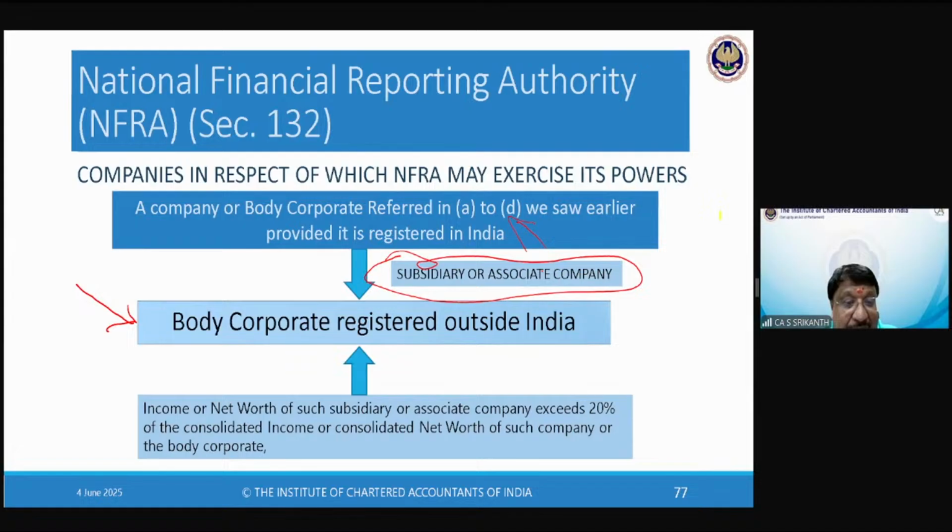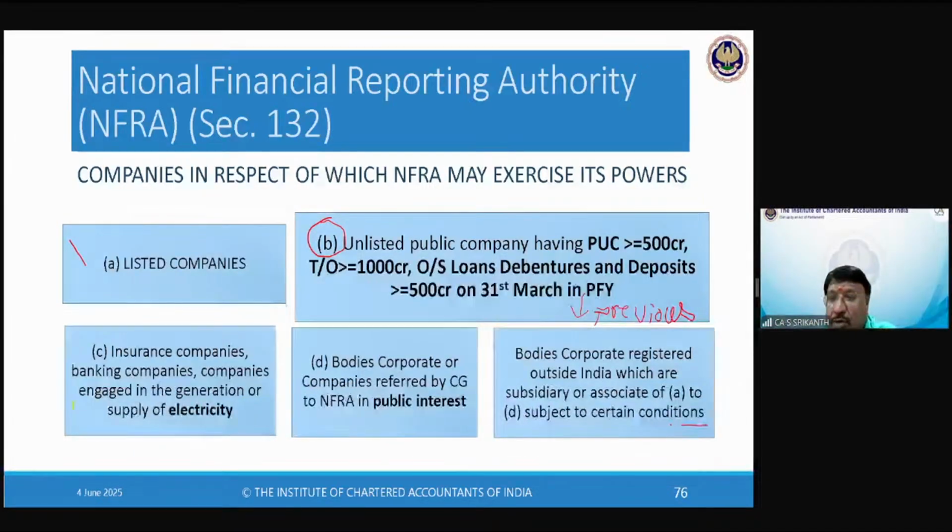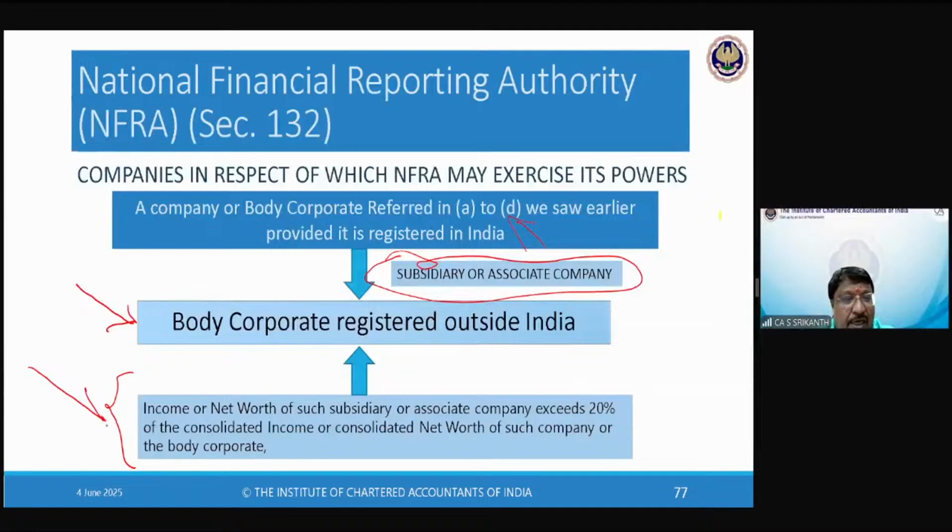First condition. Second, very important. This is the condition we saw here, subject to certain condition. What is the condition? Income or net worth of such subsidiary or associate exceeds 20% of consolidated income or consolidated net worth of such company or the body corporate. Either income or net worth.